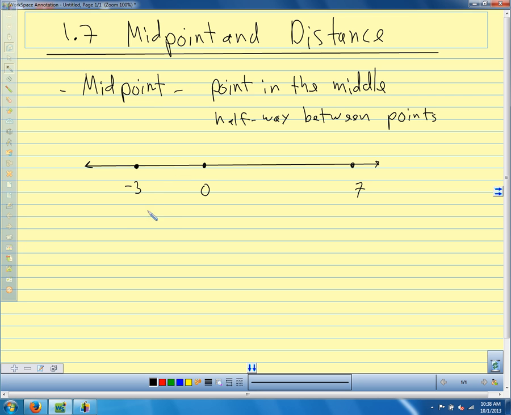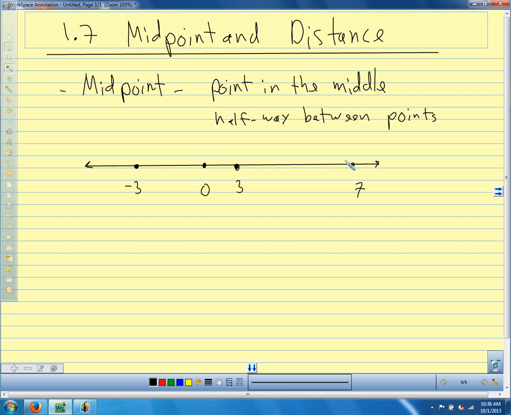So what if, instead of -3, our point was here at +3? Could we figure out what's in the middle of those two? Subtract the two numbers, and what would that tell us? And divide by 2.